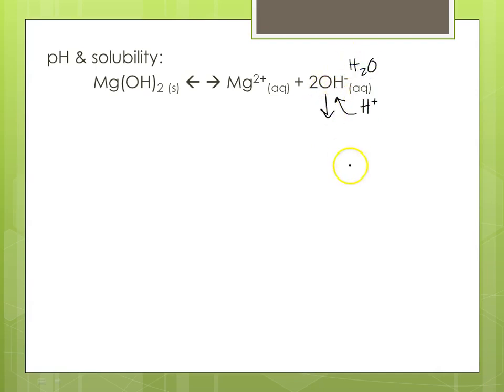Which means the concentration of OH is going to go down. And if your concentration of hydroxide ions goes down, concentration of this stuff is going to go up, and this stuff is going to go down, so your overall reaction is going to shift to the right. So this solid stuff that you're ingesting will then dissolve in your stomach and help neutralize the acid.